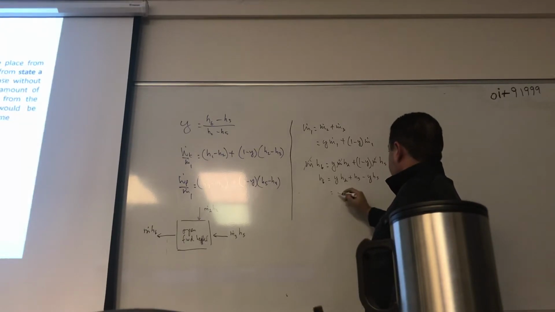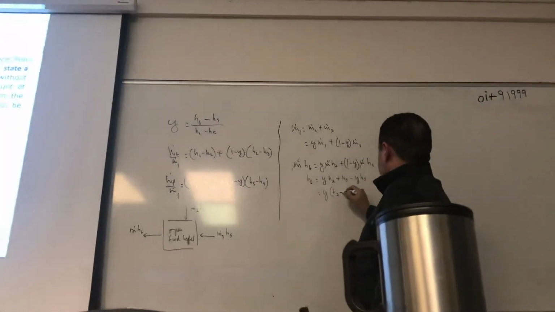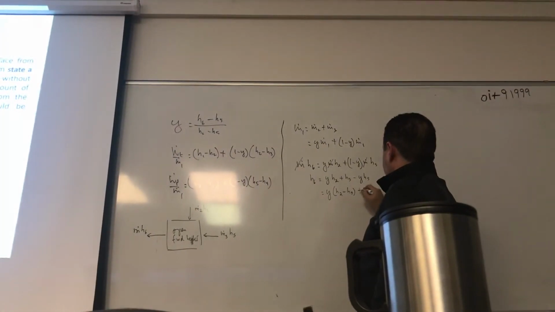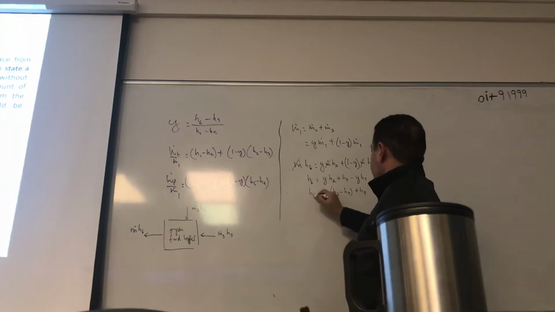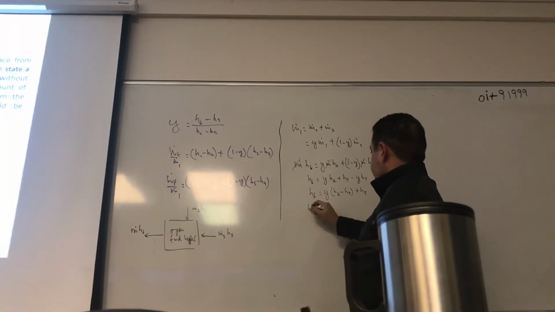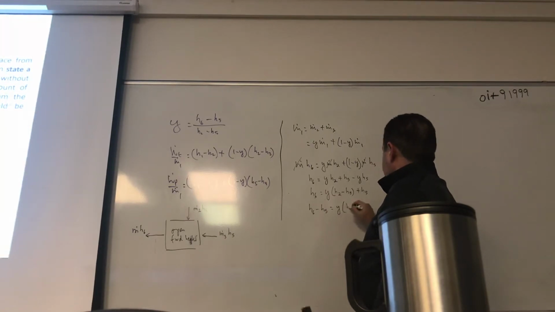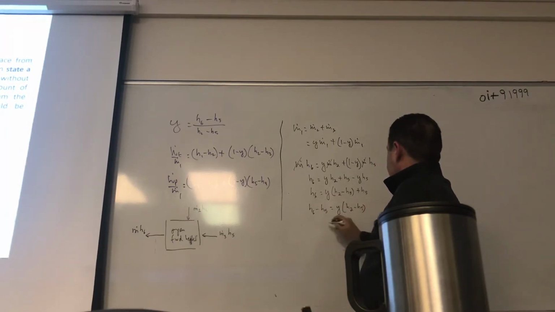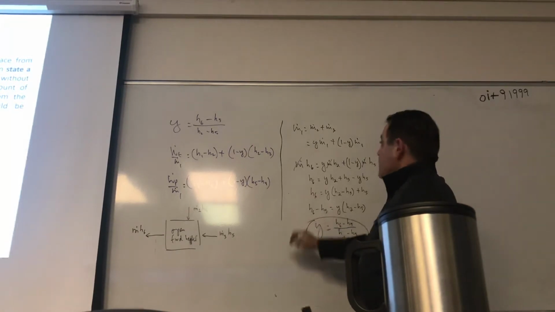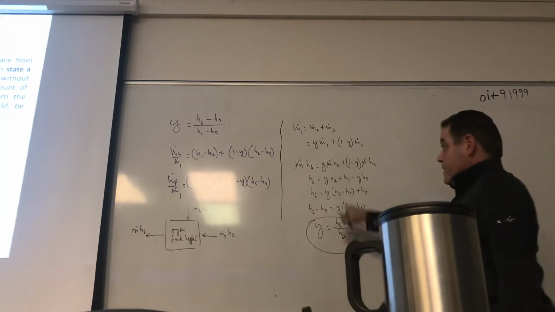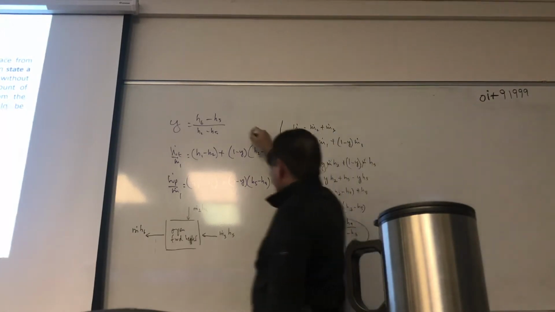If I factor out the y, I get y times (h2 minus h5) plus h5 equals h6. Then I bring the h5 to the other side: h6 minus h5 is equal to y times (h2 minus h5). Therefore y is equal to (h6 minus h5) divided by (h2 minus h5), which is exactly the same as this equation right here.